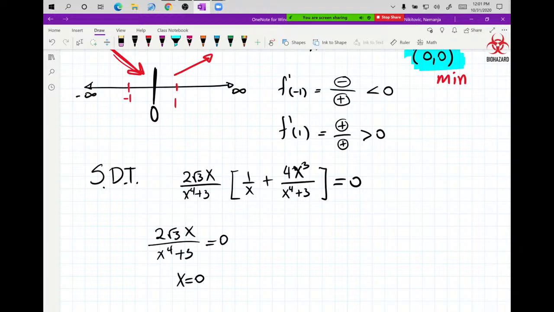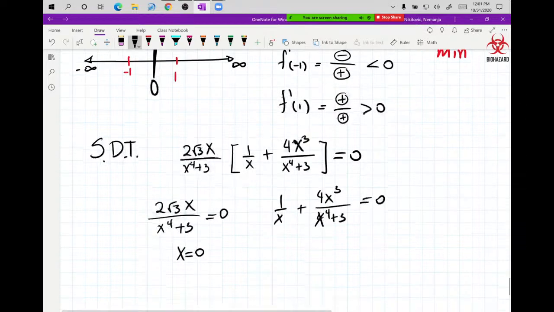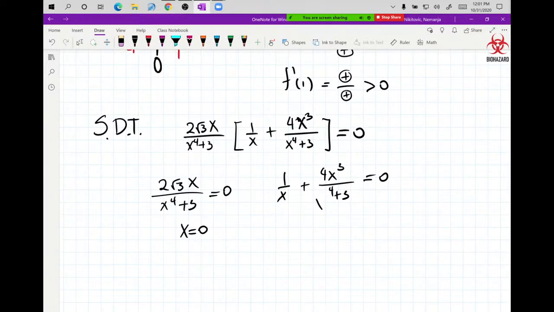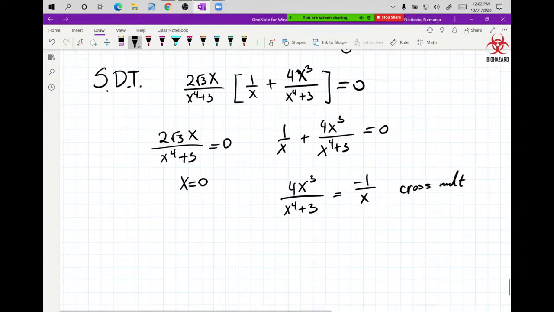And then we have this one. And that one is solved easily because all you need to do is move this one to the other side and then cross multiply. So it's a joke. So this is 4x cubed over x to the 4 plus 3 is equal to -1 over x. Cross multiply. This is basic algebra.